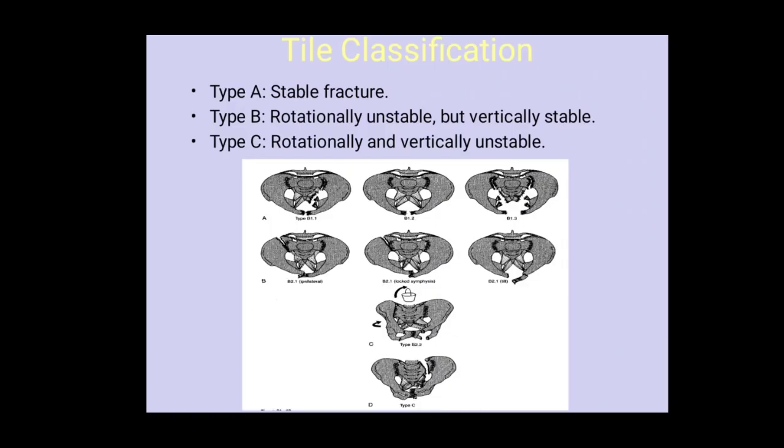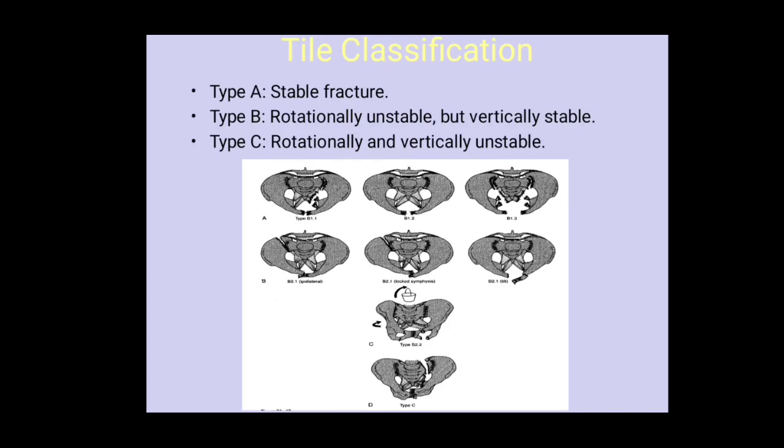The next very commonly used classification is the Tile classification. Actually, the AO classification was built on it. There are three types, type A, B, and C. Type A is less severe, types B and C are more severe. Type A fractures are stable. For type B, we have some rotational instability, but no vertical displacement.